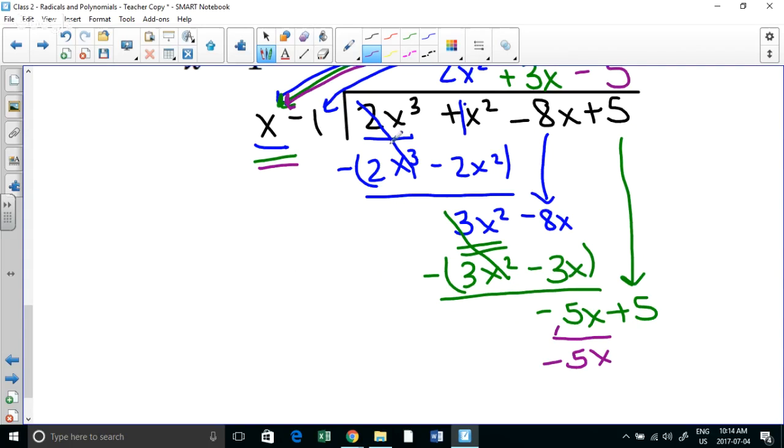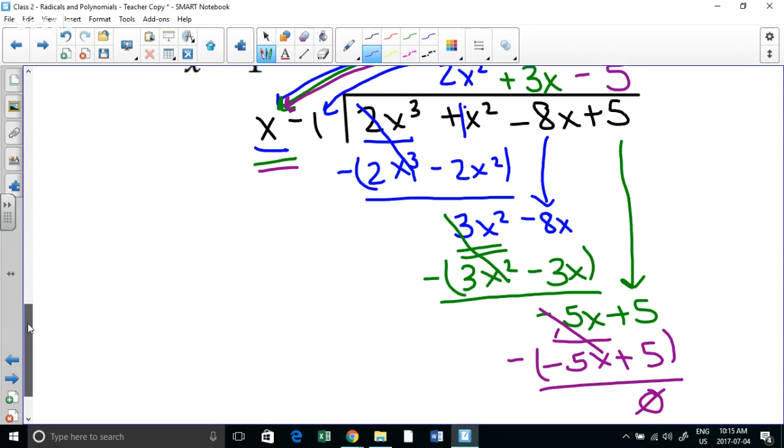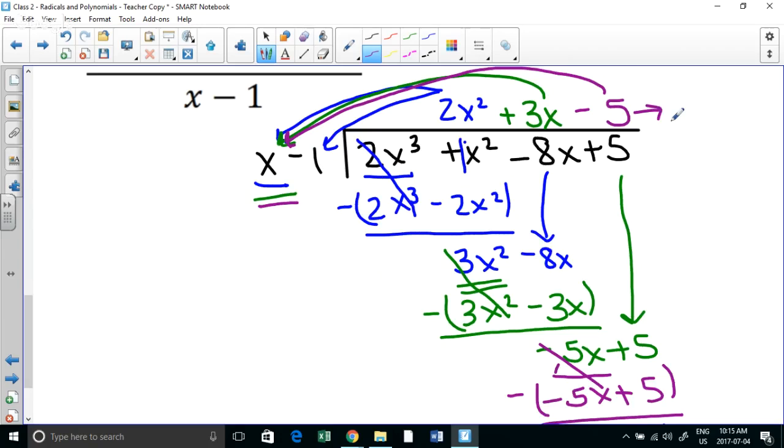Negative 5 times negative 1 gives me positive 5. I'm going to subtract. Negative 5x minus negative 5x gives me nothing. 5 minus 5 gives me 0, so there's no remainder. So the solution is x squared plus 3x minus 5.